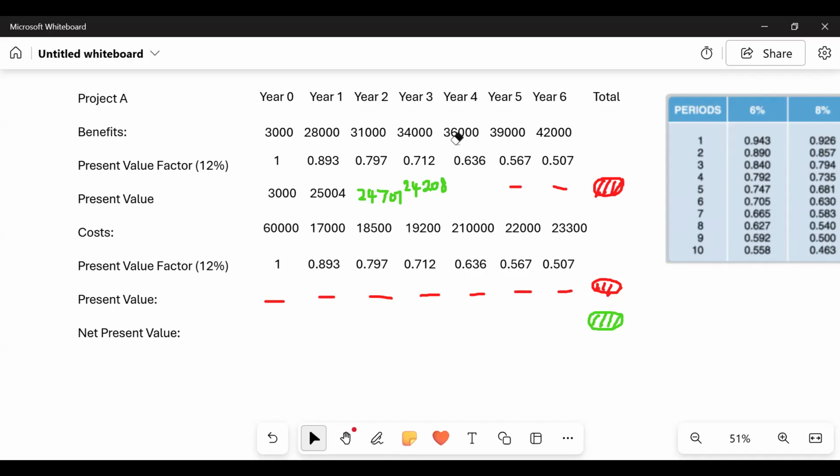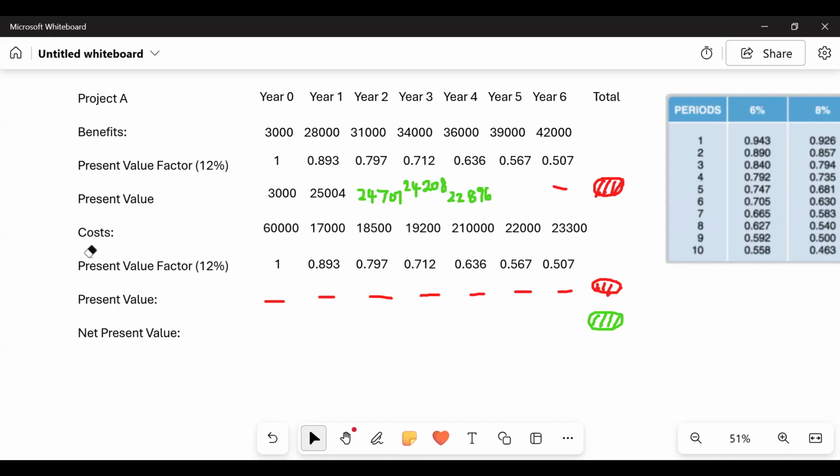Then when you multiply 36,000 with 0.636, you will get 22,896.